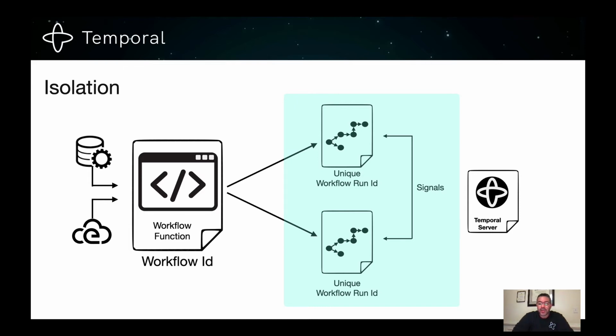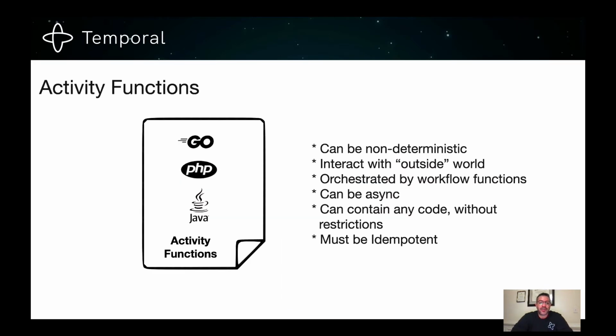What the Temporal Server enforces is isolation, meaning that one execution or instance of our workflow cannot influence and alter the execution of other instances. However, each workflow instance can still communicate with others through things like signals or messages.